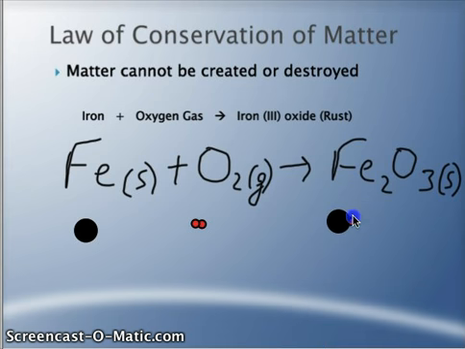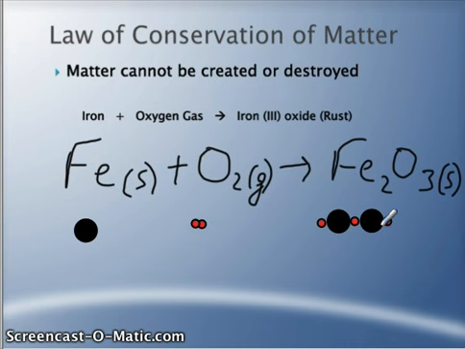I would have 2 irons and 3 oxygens. It's an ionic compound, so positive, negative, they are going to sit right next to each other, and that is Fe2O3.